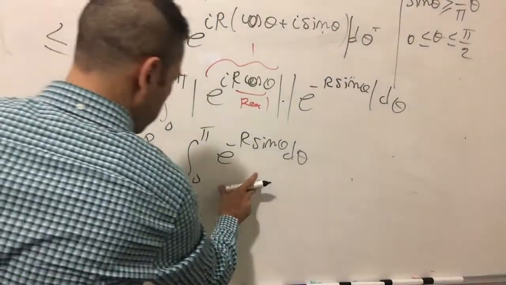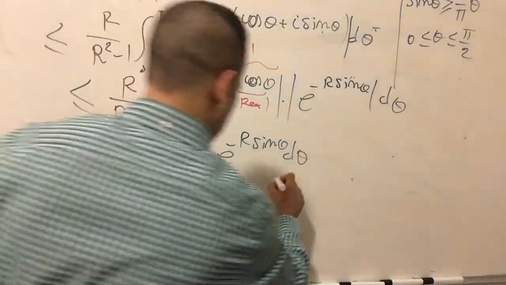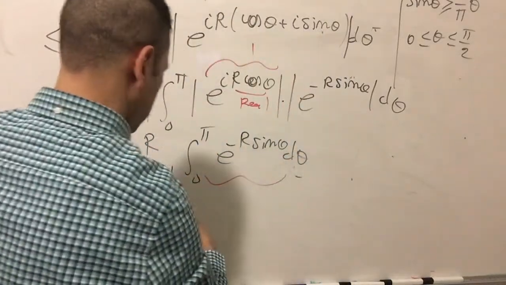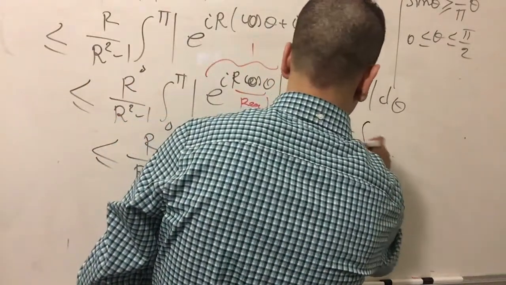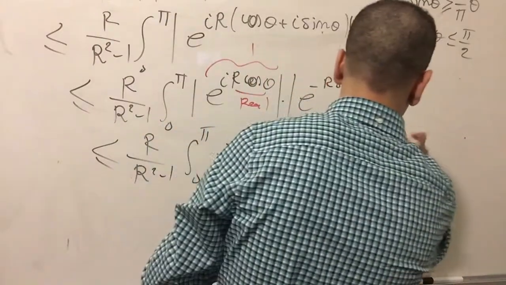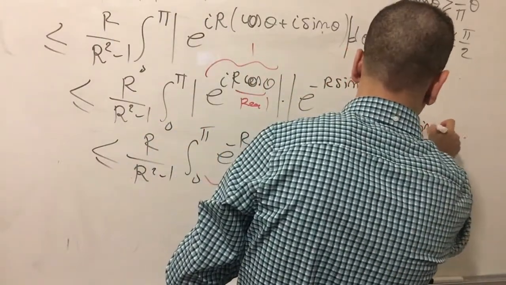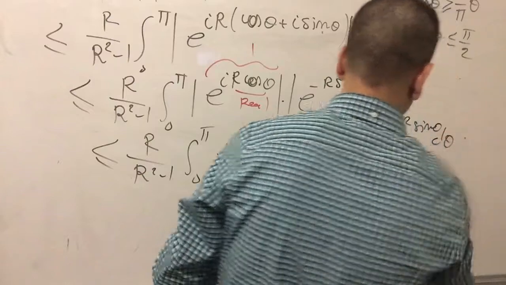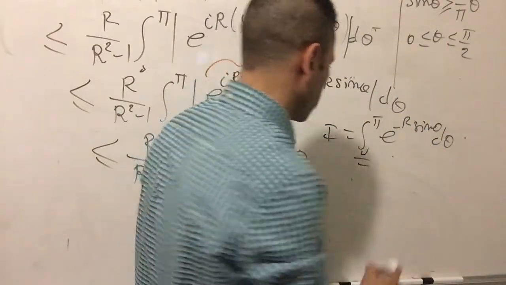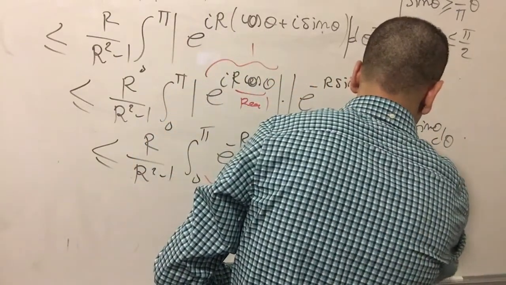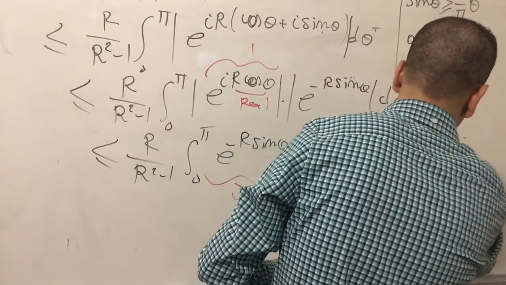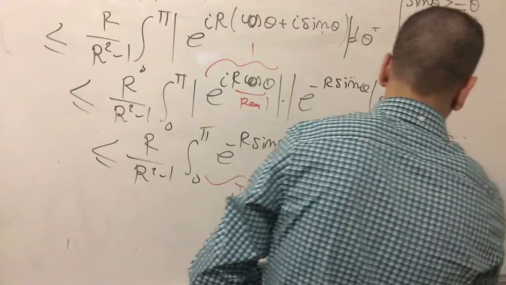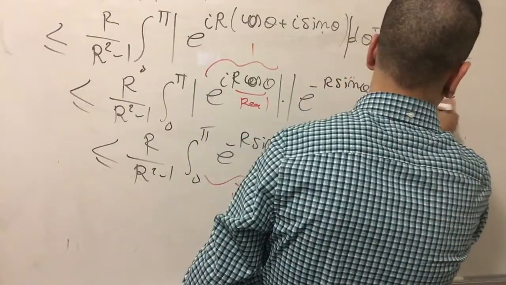Now I'm going to split this integral. Okay, let's call this one the I integral. The I integral equals the integral from 0 to pi of e to the minus r sine theta d theta. I'm going to show this integral equals 2 times the integral from 0 to pi over 2 of e to the minus r sine theta d theta, as theta is between 0 and pi.